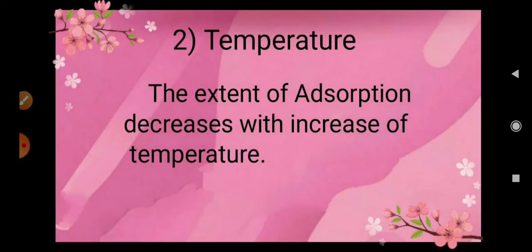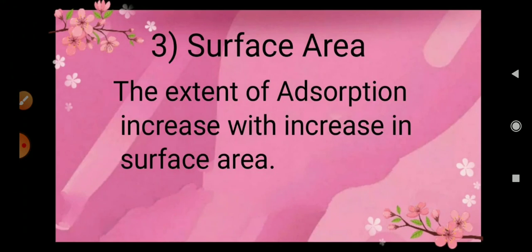The second factor is temperature. As we discussed in physical adsorption, adsorption decreases with temperature. Here also the extent of adsorption decreases with an increase of temperature. Third is surface area.